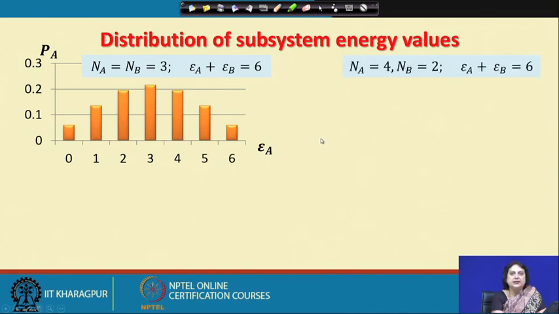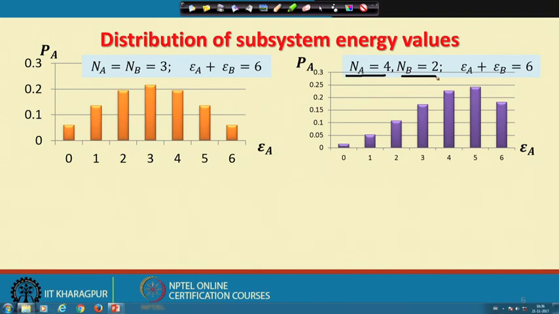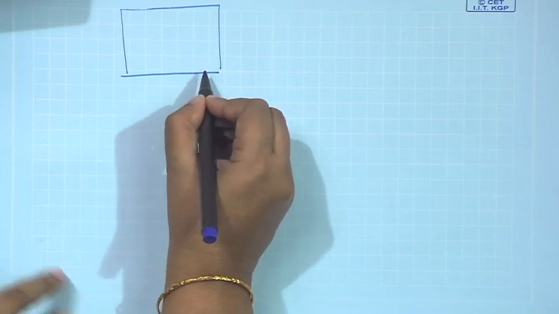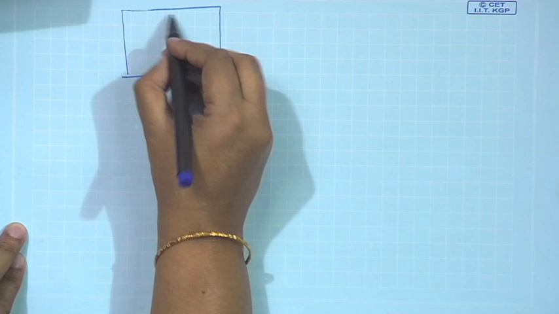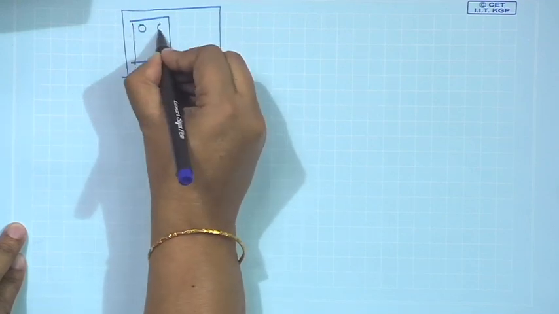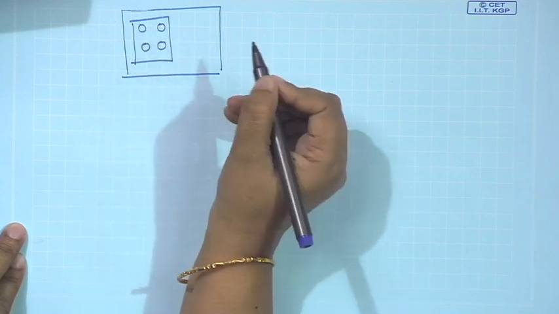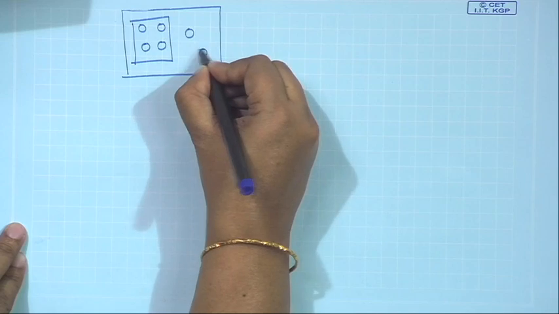Now, let me take some other case study where N A equal to 4 and N B equal to 2. So in the previous example, in the entire block of the solid, I now have in the subsystem A 1, 2, 3, 4 oscillators, and in the subsystem B I have only 2 oscillators.